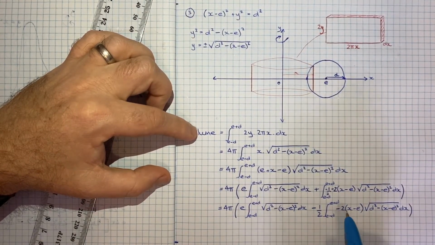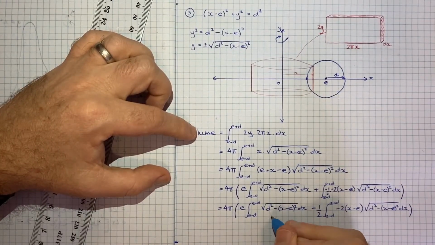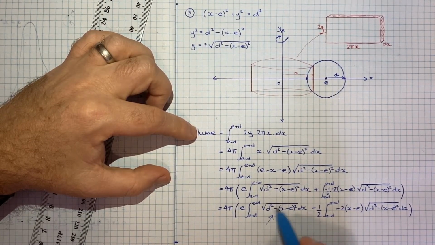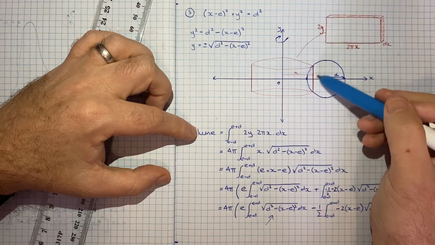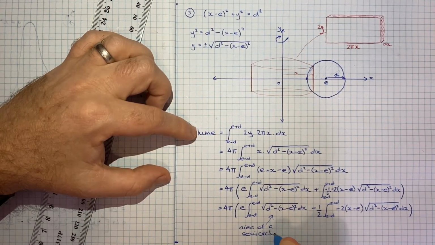And now, whilst we've got two integrals that look at first glance like they're pretty complicated, this one here, hopefully you see, is just asking for the area of a semicircle, i.e. this area here. And the area of a semicircle is very easy to evaluate. It's just half the area of a circle.